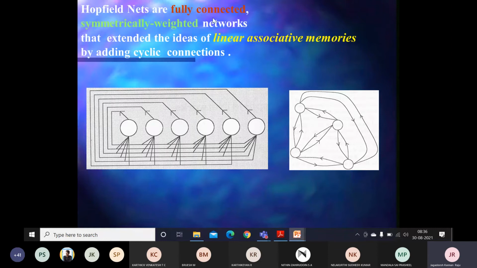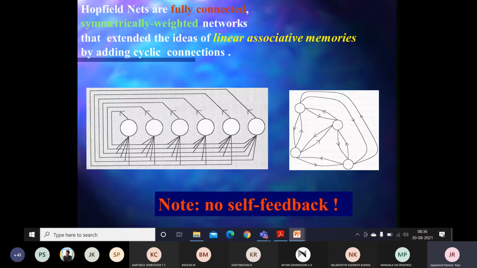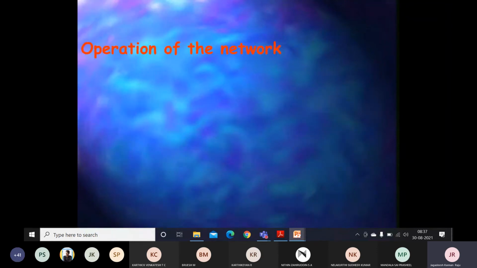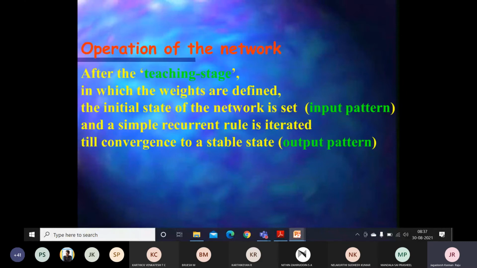Note there is no self-feedback in this network. So it is considered a symmetrically weighted network.